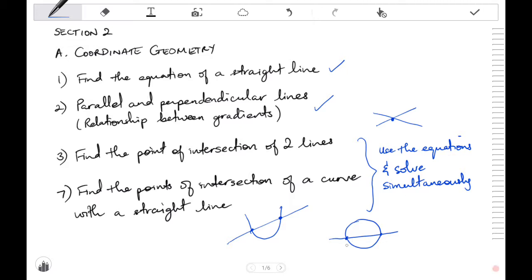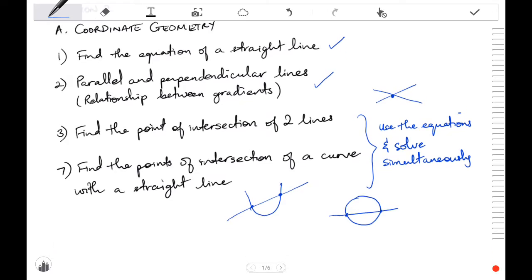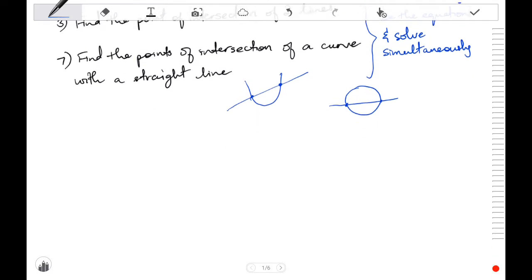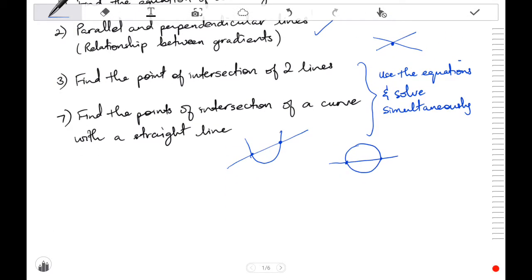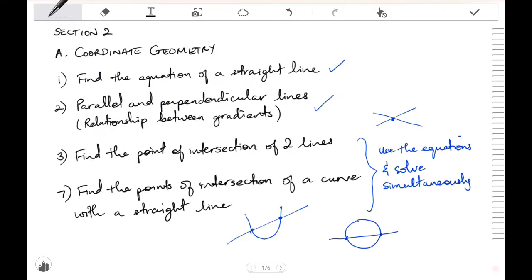Now, because you have 2 points of intersection, it would mean that I will get 2 x values and 2 y values. So just bear that in mind, because in order to get 2 x values, you would have to get a quadratic equation, and if you were to get 2 y values, similarly you may get a quadratic equation in y as well. So you solve for one and then hence substitute and solve for the other one.